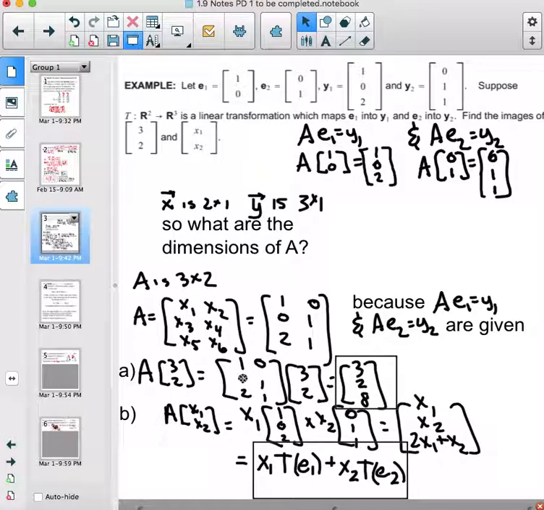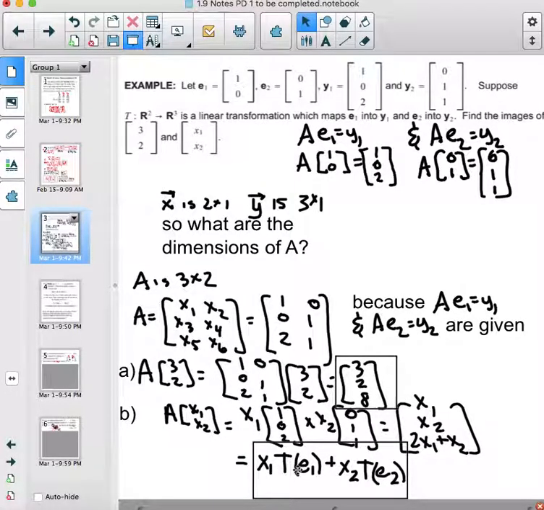And then 0, 1 times x1, x2 will just give you x2. And then here you would have 2 times x1, plus 1 times x2, voila. In general, it is the x1 times the transformation of the first column in the identity matrix, the 1, 0. So this right here is 1, 0, and this right here is the 0, 1.